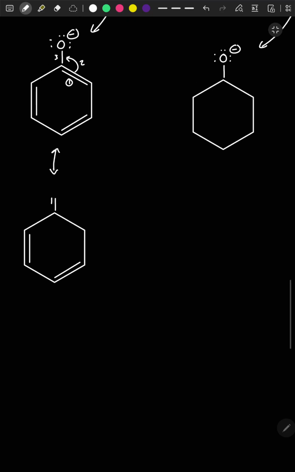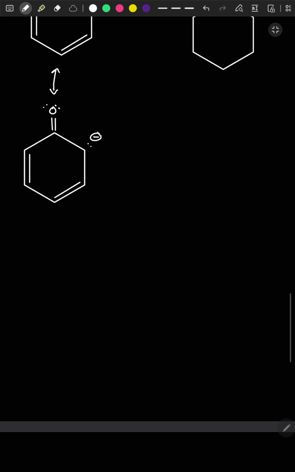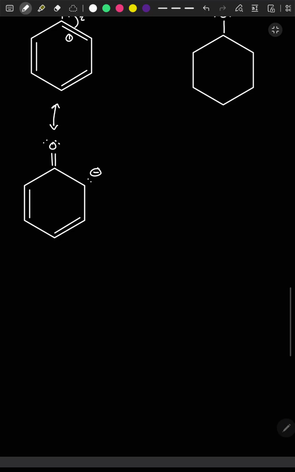Then we're going to have a double bond right here because that double bond comes up here and allows us to share the electrons between the O and the carbon beneath it. So now we just have two lone pairs up here, so this is no longer negative. But because of that, we now have a lone pair over here, so we're going to have a negative sign on this carbon. It is the same in terms of formal charge. We've just created a different bond up here.